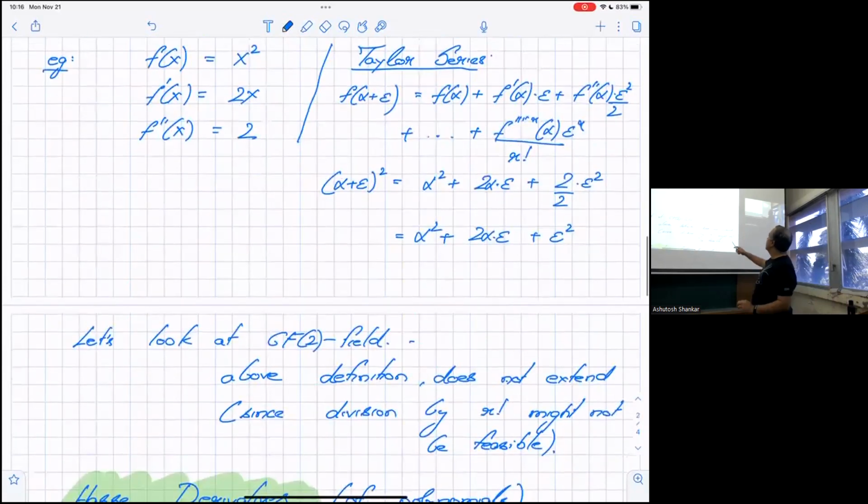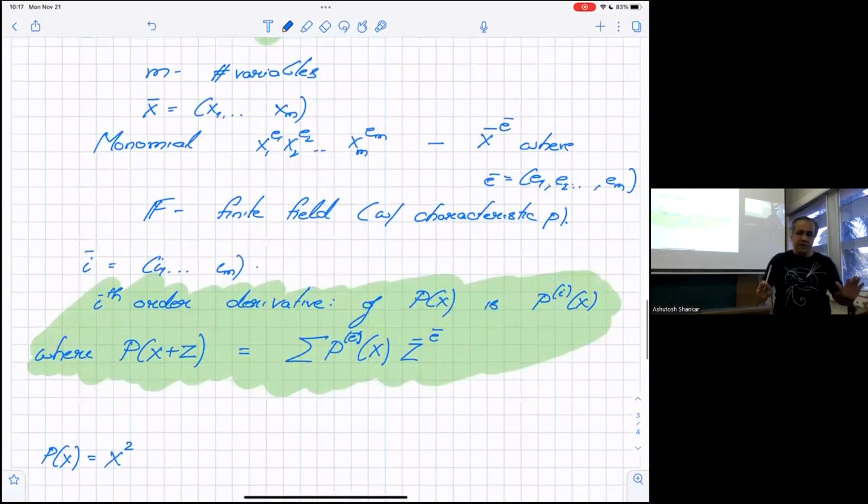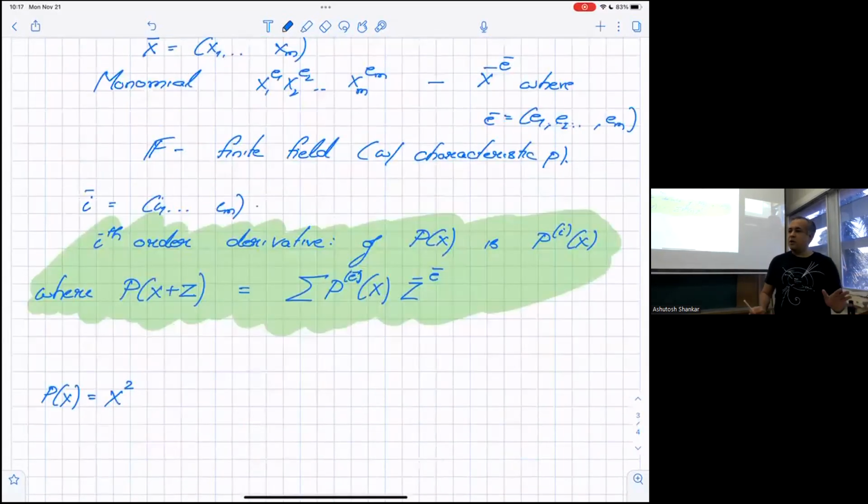The coefficient of the constant term was the 0th order derivative. The coefficient of epsilon was the first order derivative of this scaling. The coefficient of epsilon square was the second order derivative. We're going to take the same approach. The coefficient of Z power I will be the ith order derivative.